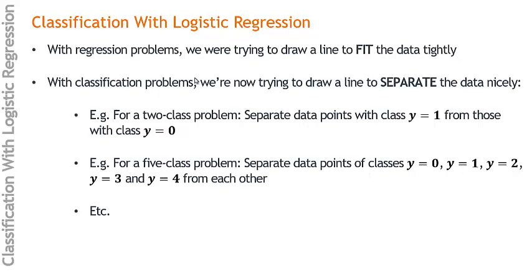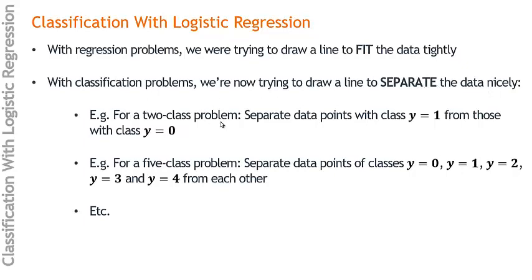Now, with regression problems, we were trying to draw a line to fit the data as closely as possible. Linear regression used a straight line, but in general, you might use a curve or some other function. With classification problems, you're not trying to draw a line or curve that follows the data, but a curve that separates the data. So I referred previously to the decision boundary.